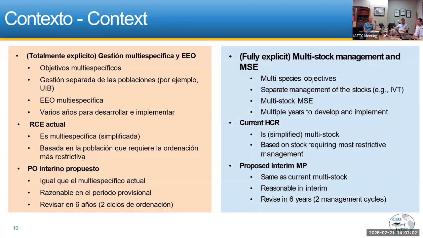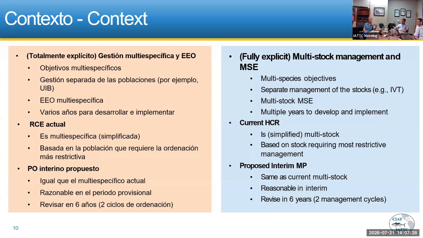And so the proposed management procedure that the staff is putting forward, and we're putting it forward as an interim management procedure, is based on the same concept in that we evaluate all three, or actually in this case 4, because there are 2 yellowfin tuna stocks that we're considering.